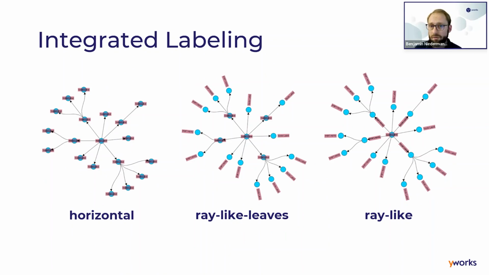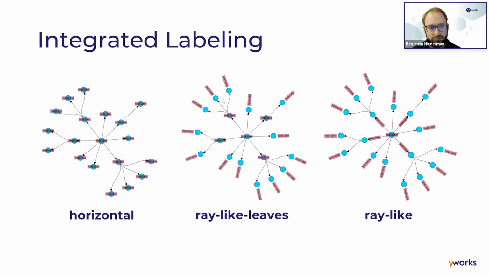Then I already showed you this in one of the examples, that it's sometimes nice to have radial labels. Here in this case, you can say, okay, I use horizontal labels. So you just define them as horizontal, and then all labels are placed horizontally. This is normally useful if the nodes are a bit larger, so they can basically contain the label. This is not the case in this example. In this case, I would recommend to use ray-like leaf labels or ray-like labels.